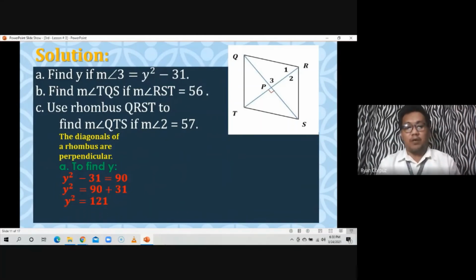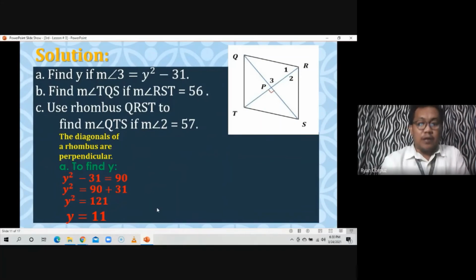Since it's still y squared, we have to remove the square by getting the square root of both sides of the equation, so that we'll come up with the value of y, which is equal to 11. So the value of y that we are looking for in the problem is equal to 11. Checking: 11 times 11 is 121, minus 31, that would be equal to 90 degrees.